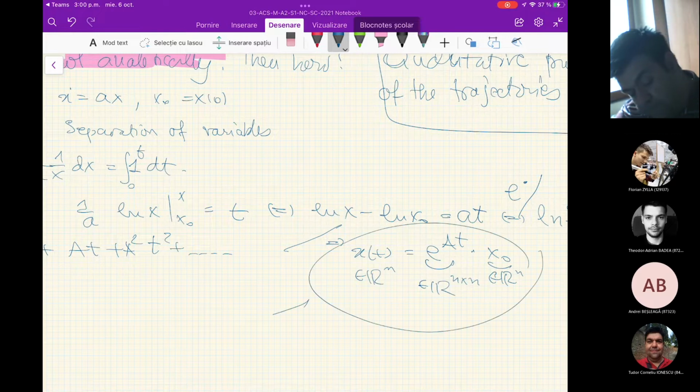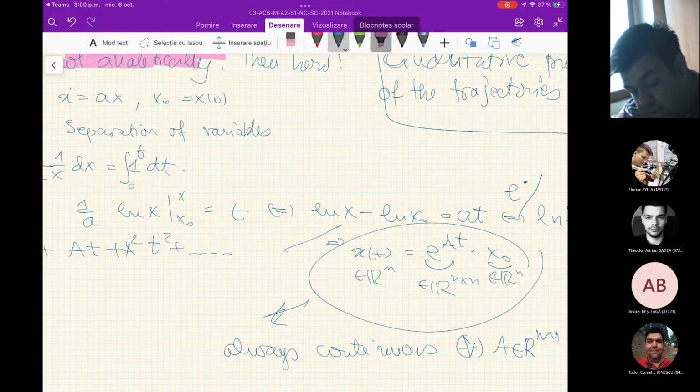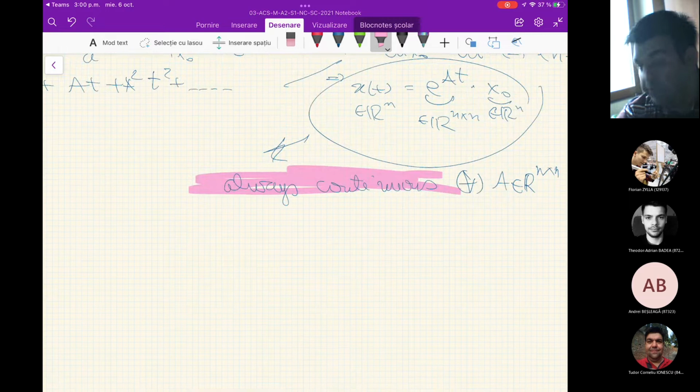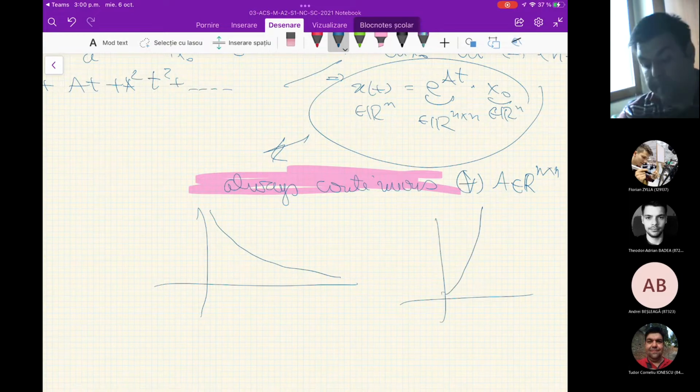But this is always continuous for all matrices A in R^(n×n). This is always continuous. So this is never going to give you a vertical asymptote. Okay, this looks like this, or looks like this, but it never has a vertical asymptote.